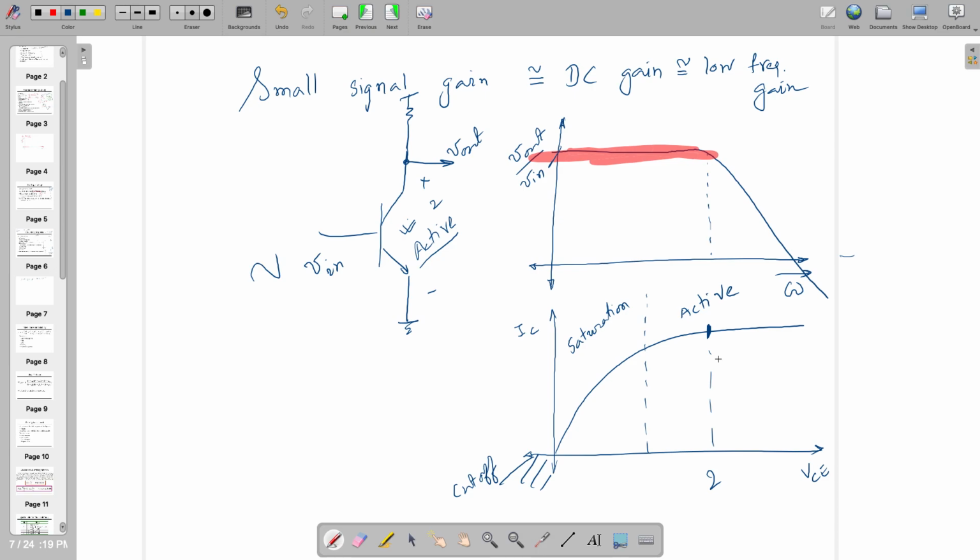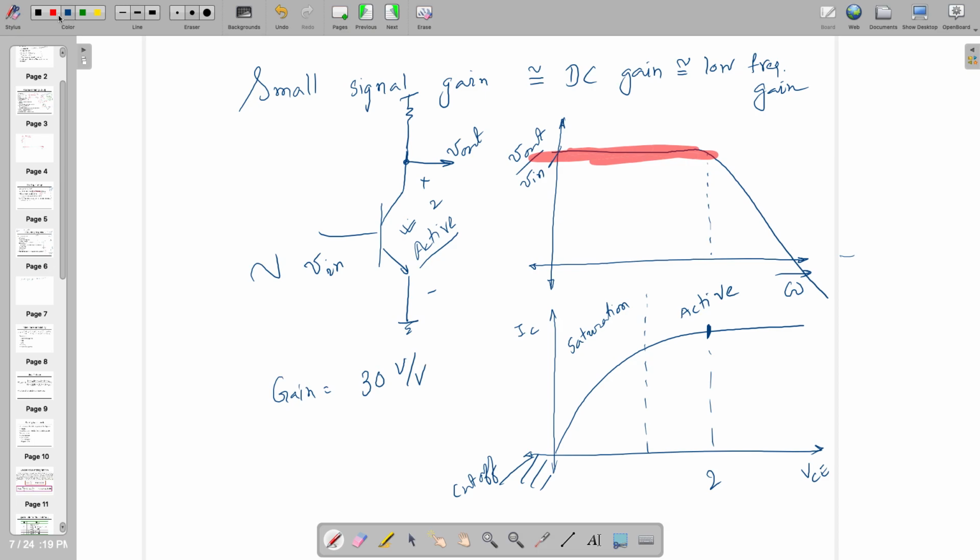So this is DC plus AC. This is what we are interested in. When I am saying that my circuit gain is around, let's say, 30 volt per volt, right? This is what you people were doing in your laboratory, around 30 volt per volt.